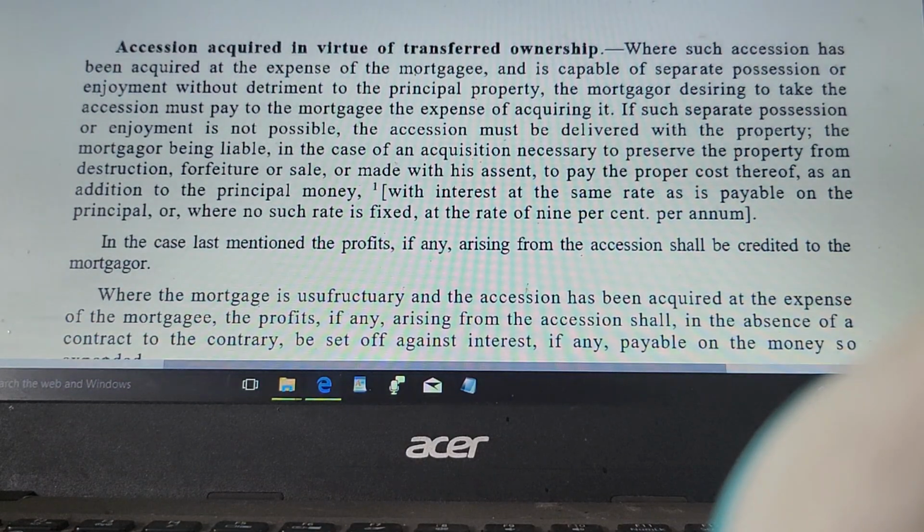If such separate possession or enjoyment is not possible, the accession must be delivered with the property, the mortgagor being liable in the case of an acquisition necessary to preserve the property from destruction, forfeiture, or sale, or made with his assent, to pay the proper cost thereof as an addition to the principal money with interest at the same rate as is payable on the principal, or where no such rate is fixed, at the rate of 9% per annum.